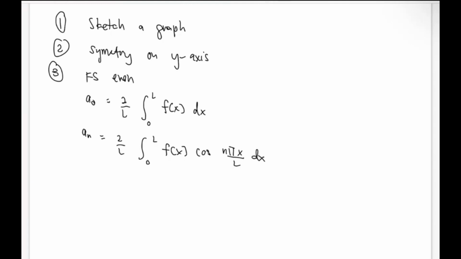Then you write the Fourier series as a naught over 2, plus summation from n equal to 1 to infinity an cos(n pi x over L). These are all the procedures you need to find a Fourier series for an even function.